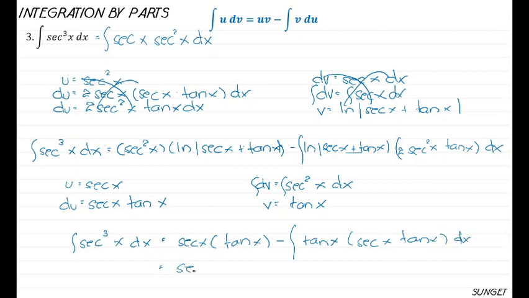So we have secant x times tangent x minus integral of secant x times tangent squared x dx.